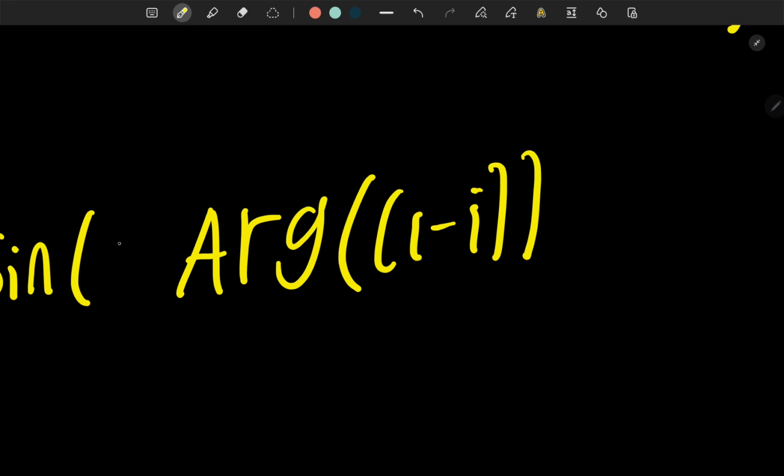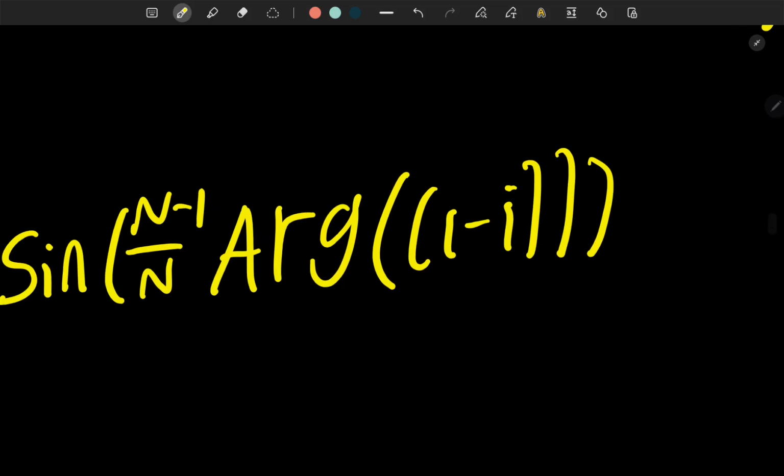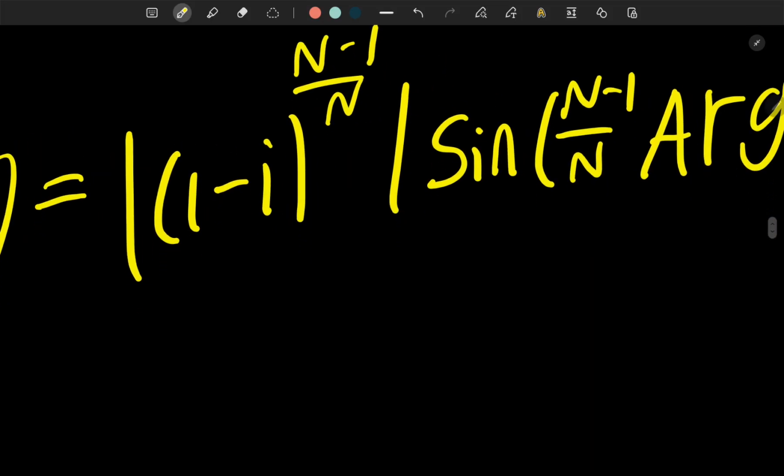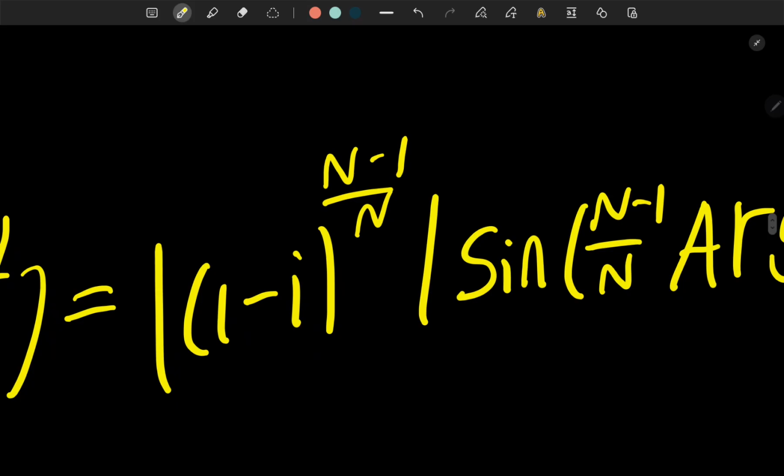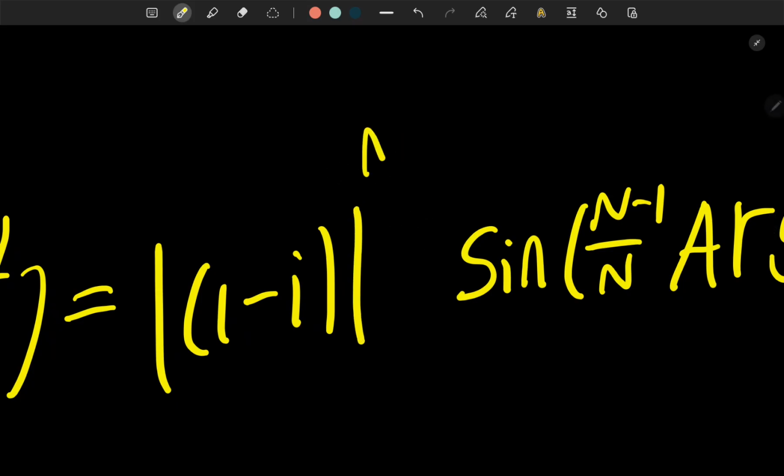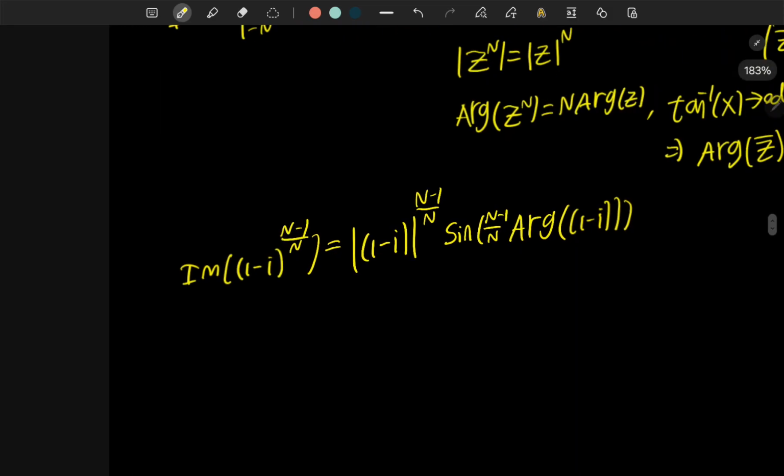We're going to have n minus 1 over n. And same thing for the modulus. We can just bring this outside. We can just say n minus 1 over n.